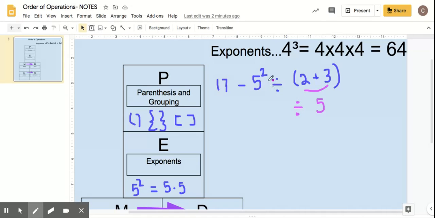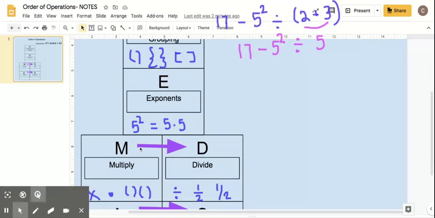We're going to put the division sign, bring down our 5 squared, bring down our minus, bring down our 17. In the end, we are forming our pizza slice. So any more parentheses left in this problem? Good. So let's move down to the next letter.